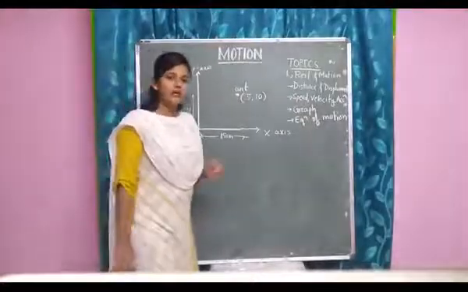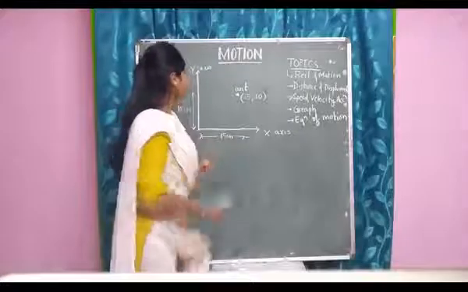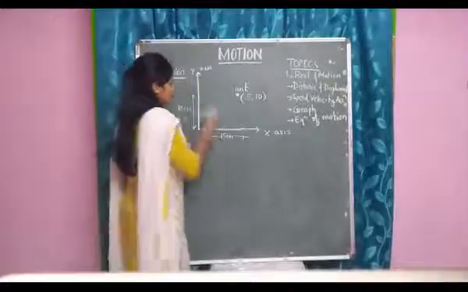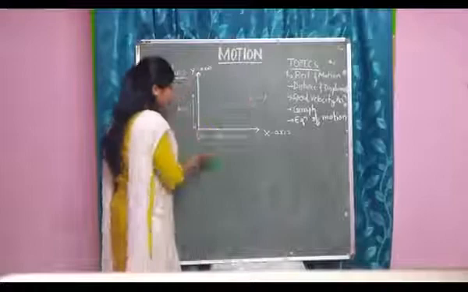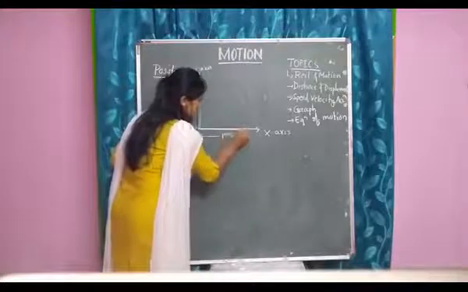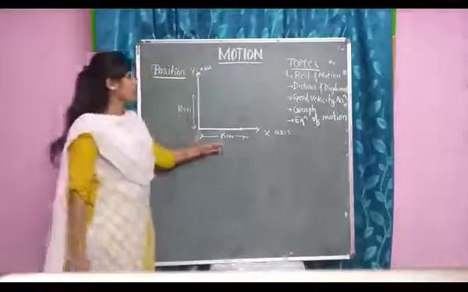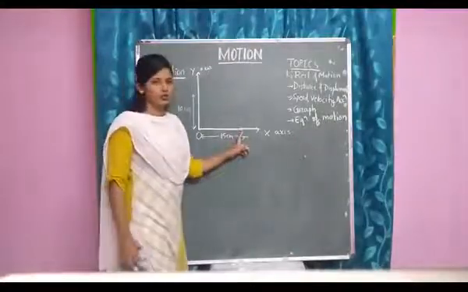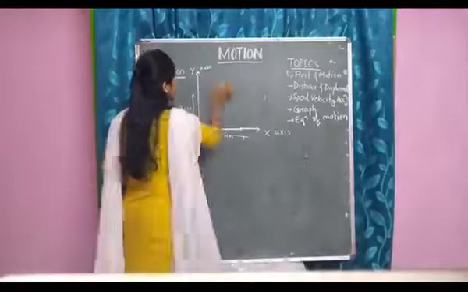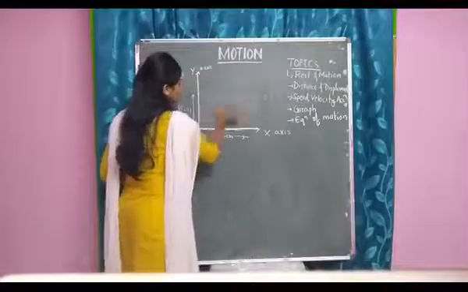Motion can be divided into three types: 1D motion, 2D motion and 3D motion. 1D motion means, suppose the ant is going only along this line, then we will say that this is 1D motion.